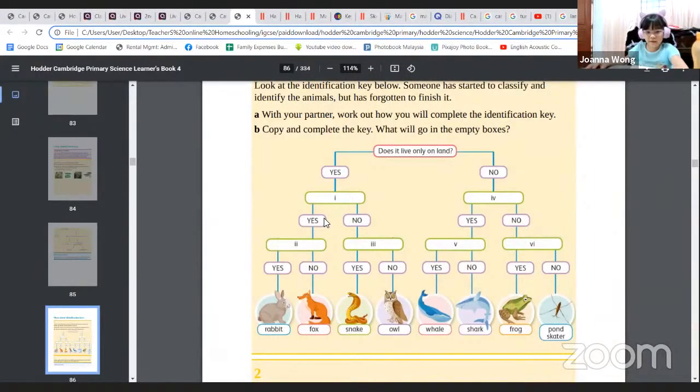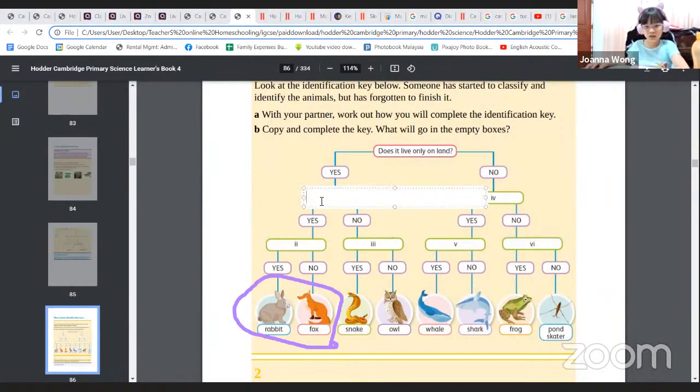Fox and rabbit. No. Fox and rabbit have what?